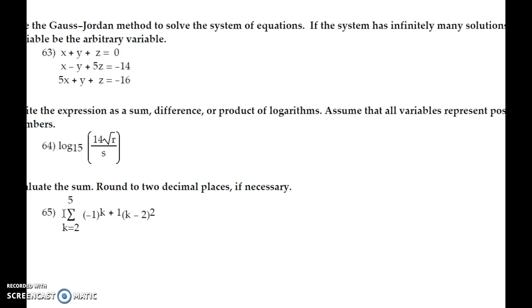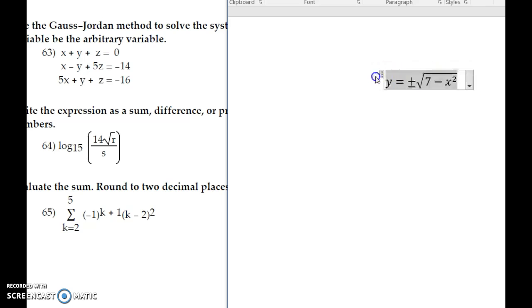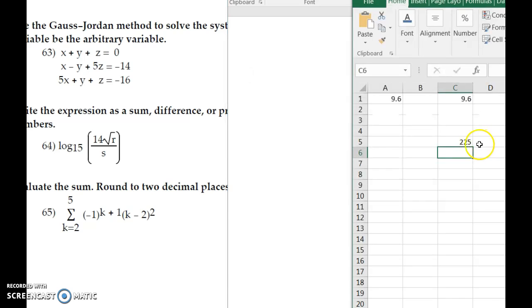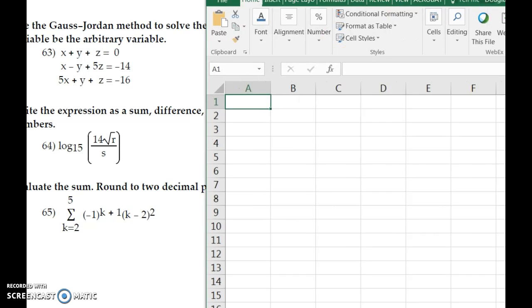But for 65, you're really just going to want to evaluate this by plugging in the values for k. So k is 2, 3, 4, and 5. It goes up through from 2 to 5. Maybe I'll use Excel here. So first, you're going to want to plug a 2 in.